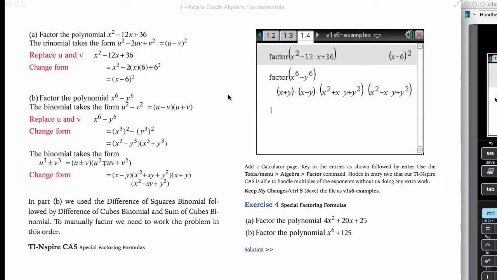So the next page has us using these formulas. So if we have x squared minus 12x plus 36, 6 times 6 is 36, 1 times 1 is 1. So this is a likely candidate for this particular problem. So we go right down here and write the answer, x, and the square root of 36 is 6.